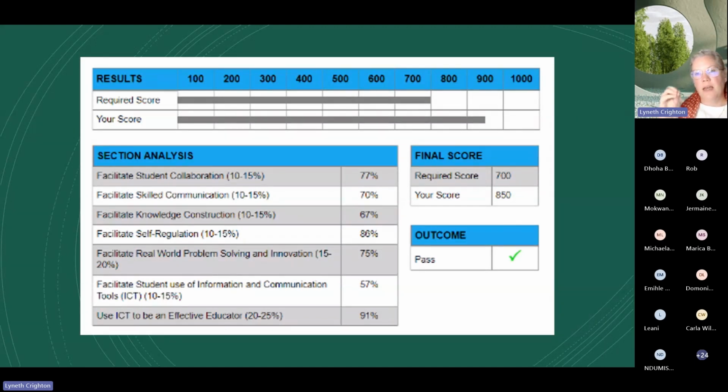You've got to not press close session, but at the end say you have finished your exam. Your result comes out immediately. You need 700 of the 1,000 score marks available, but it tells you the percentage of each section, and it gives you your overall pass.